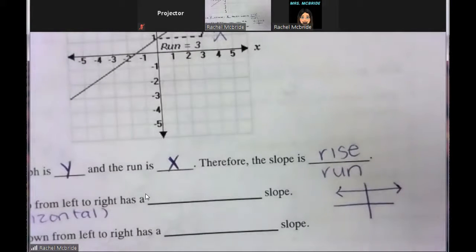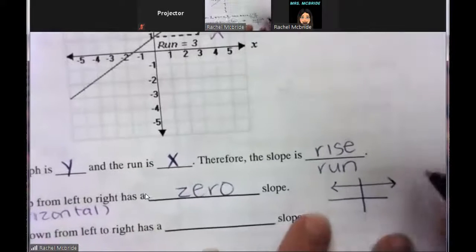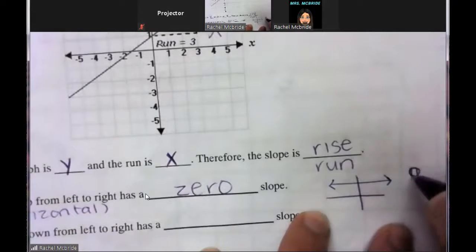So the idea is that it's actually not going up. It's staying flat. So my y values aren't changing at all. So Madison, what do you think? Yeah, it's going to be 0 because the y values aren't changing. There isn't any up. So that's the case where you get a 0 over a number.